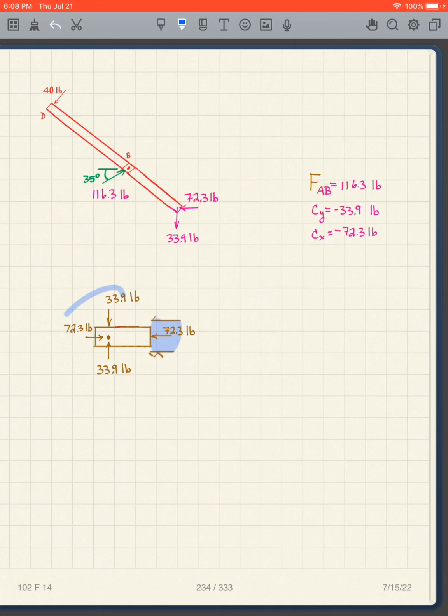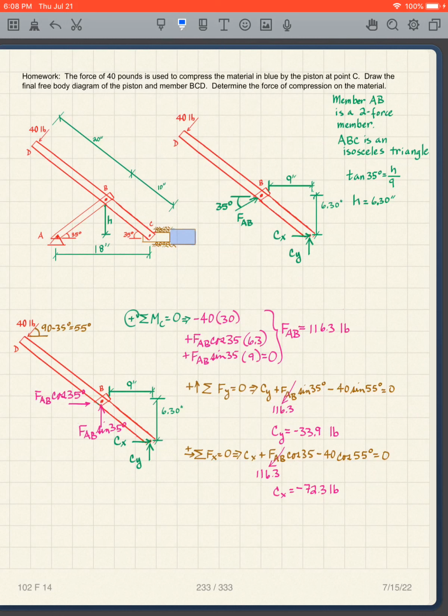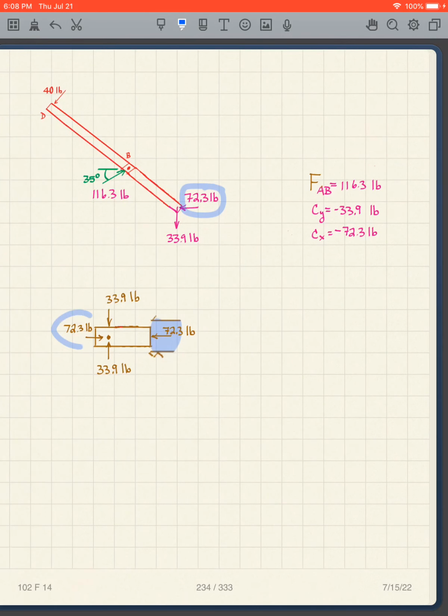What happens to the piston? Well, again, we have adjacent free body diagrams. So if it's 72.3 pounds going to the left on the member, on the piston it's got to be 72.3 to the right. So it goes to the left there, goes to the right there.